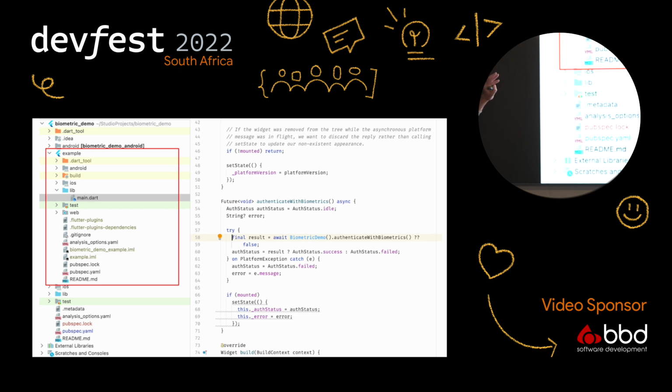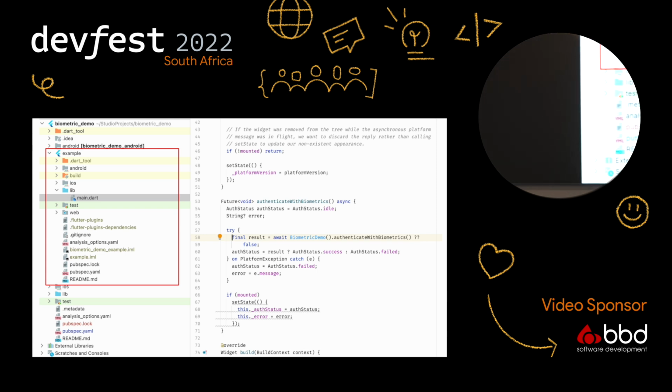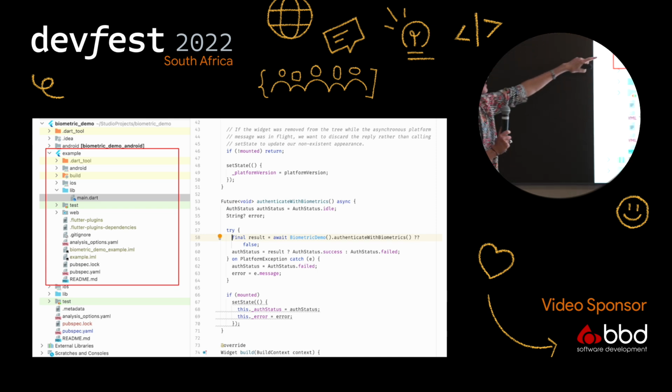However, if you're new to this, it's easy to get confused because you have an Android and iOS directory, a lib directory, and even a pubspec YAML in this example directory, and you have the same structure above. And so when this is the first tutorial you work through and things don't work out, I guarantee you're in the wrong directory. That's all it is. So just a word of warning. One day it will be useful.